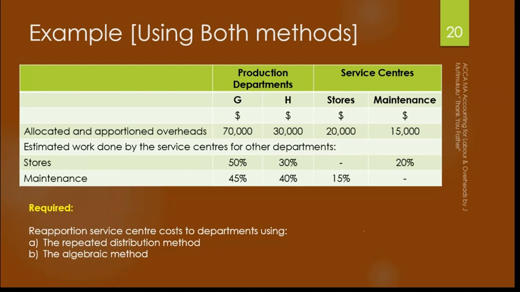All right, now the algebraic method is based on the principles of simultaneous equations, as I have already highlighted. So we've got 2 service centers, service center stores and service center maintenance. So we can formulate these small rules. We let stores be S and maintenance be M. That's very important.